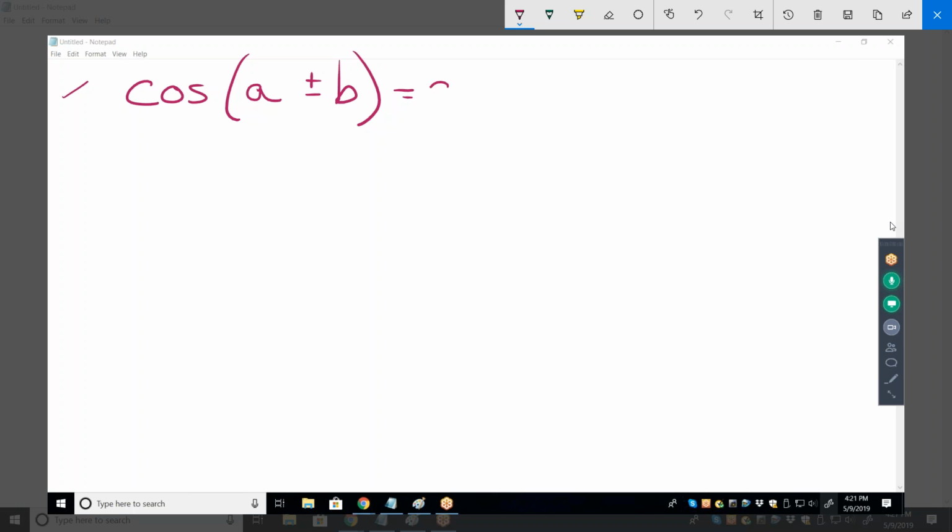So cosine of A plus or minus B. Begins with 2 cosines, so cosine of B. The sign is opposite, so minus over plus. And then, if it's 2 cosines and 2 sines, what's the rest of it have to be? Sine of A, sine of B.